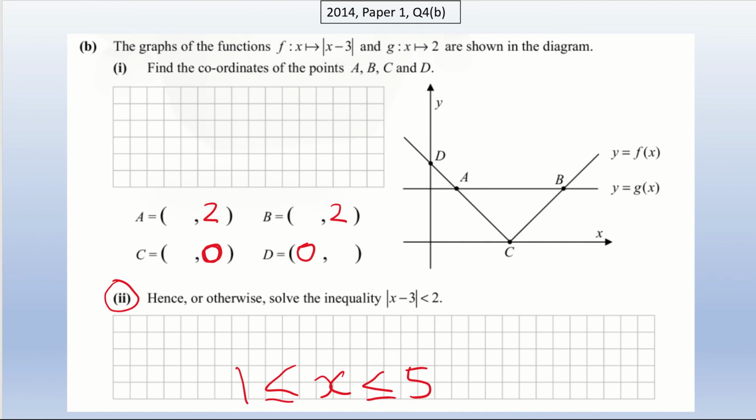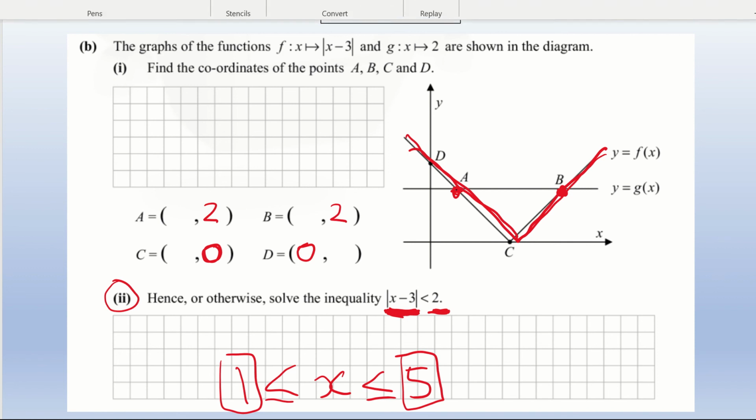And if we look at the graph, that should correspond to these two points here, because in between these two values, the 1 and the 5, when x is 1 and x is 5, my absolute value of x minus 3, which is this line here, or this graph, the one in red, dips below my y is equal to 2, which is my horizontal line.